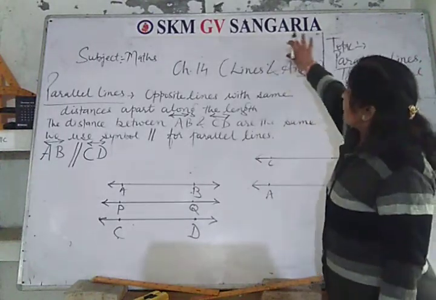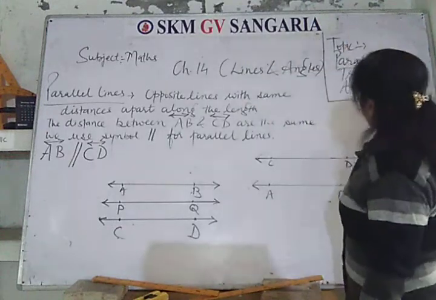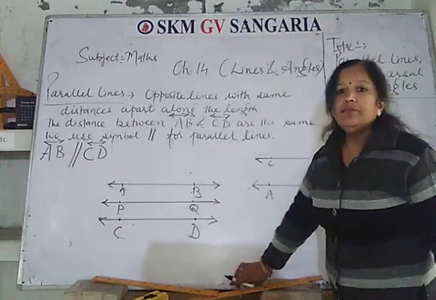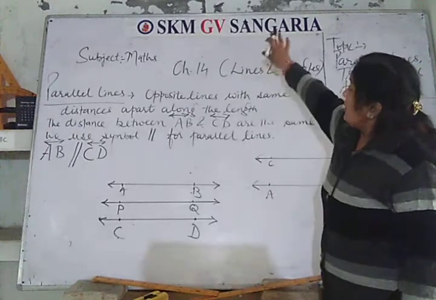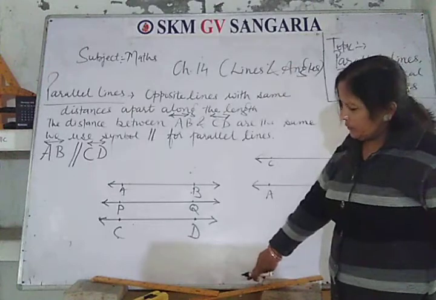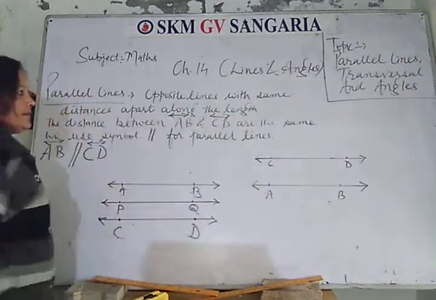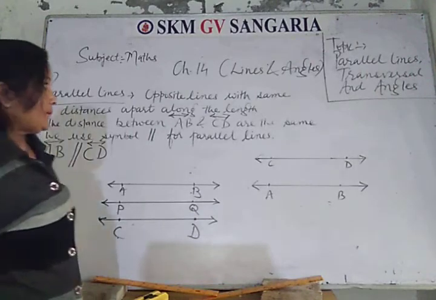Then suppose this is a whiteboard fenced with aluminium strip. So this side is parallel to this side and this side is parallel to that side. So these are parallel lines.